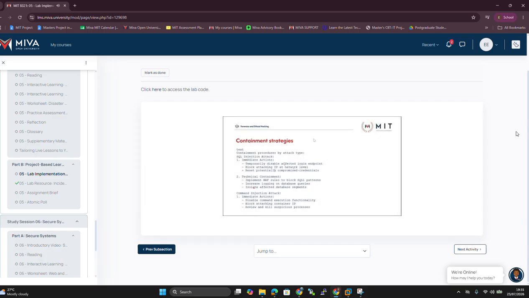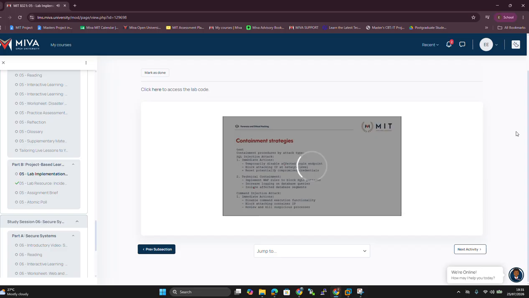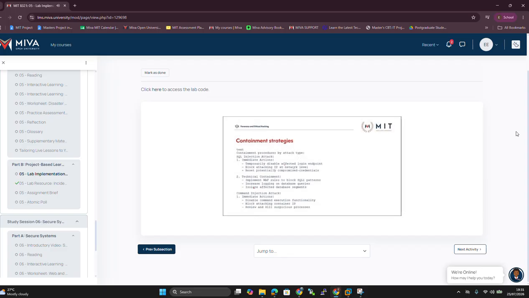For immediate action, it is important to temporarily disable affected login endpoints and block your attacking IP address at the network layer. Then for technical containment, you implement web application firewall rules to block escalation patterns.